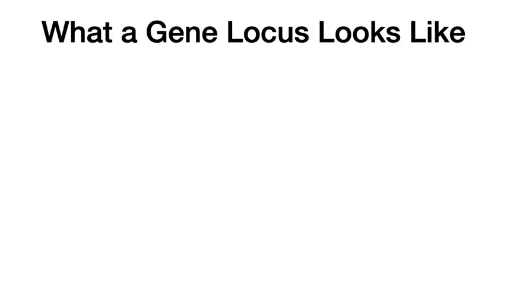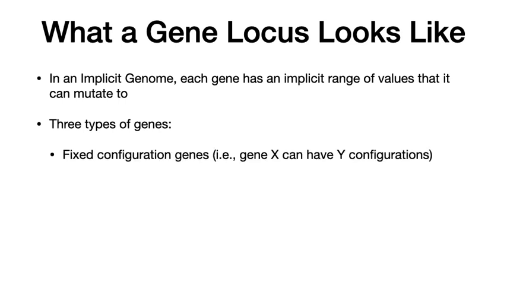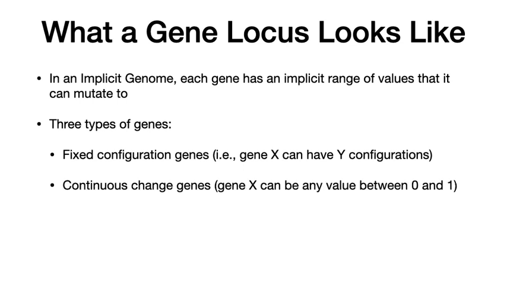So how does the code work? Here's what a gene locus looks like. In an implicit genome, each gene has an implicit range of values it can mutate to. We have three types of genes we're modeling. The first is a fixed configuration gene, so a particular gene can have X number of fixed configurations. The other type is a continuous change gene, which can have any value between 0 and 1.